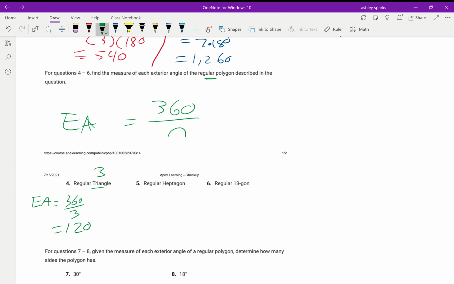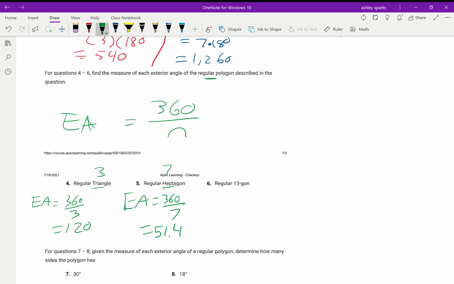A heptagon has 7 sides. Again, if you don't know that, look it up. You can find lists of all your different polygon names. Our exterior angle is going to equal 360 divided by 7, which is 51.4. They're not always going to come out even.